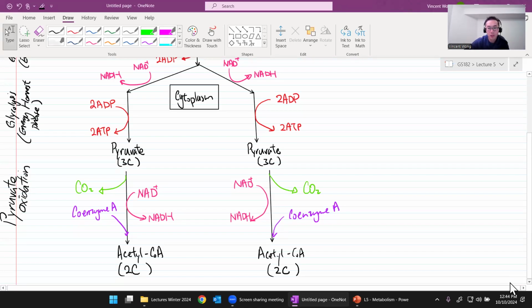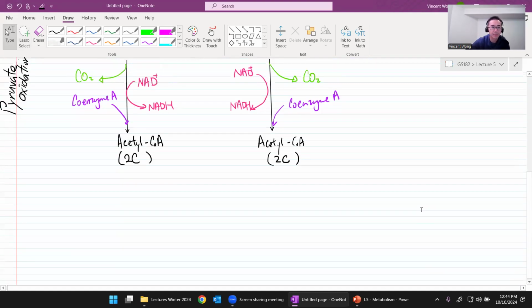And now what's going to be happening is now there is going to be a pre-existing 4-carbon molecule, right? It has a name. I'm just going to write it down so it's easier to refer to it. I mean, you don't really have to know the name, but that's already there.